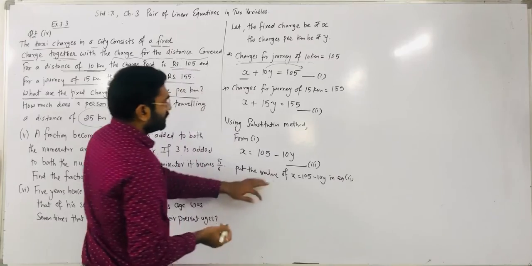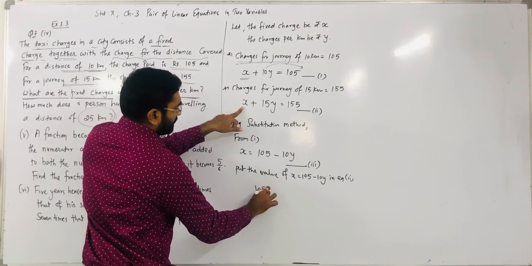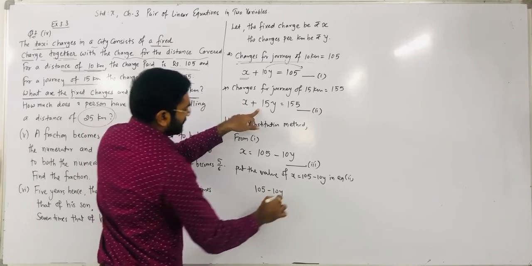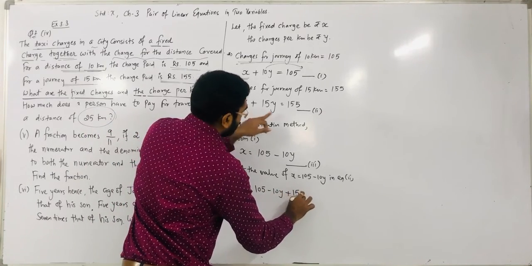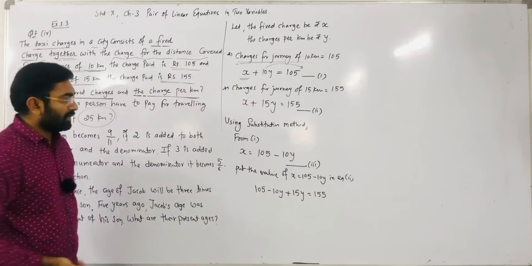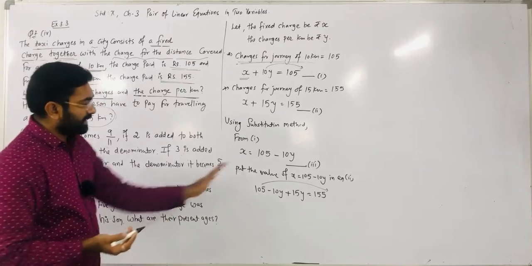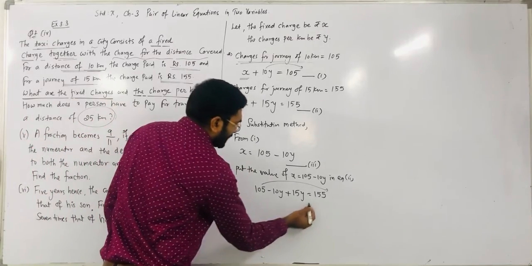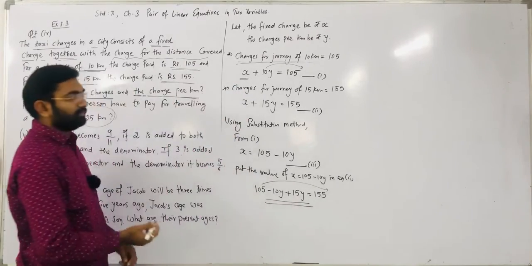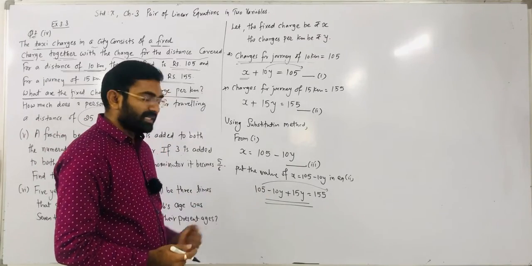In equation number 2, we put the x value: 105 minus 10y plus 15y is equal to 155. Now we take the numerical value to one side of the equal sign. On the left hand side we arrange minus 10y plus 15y. Minus plus minus, and we put the bigger number's sign.